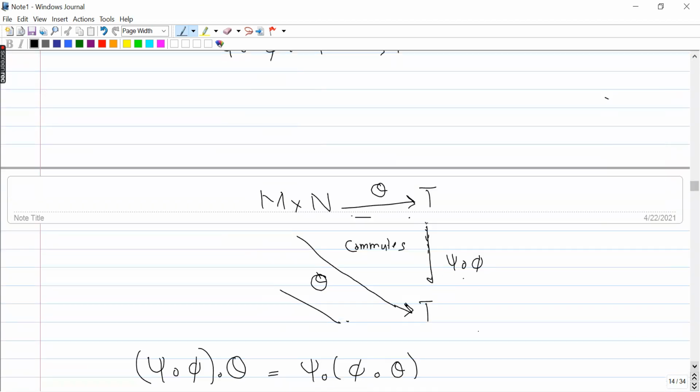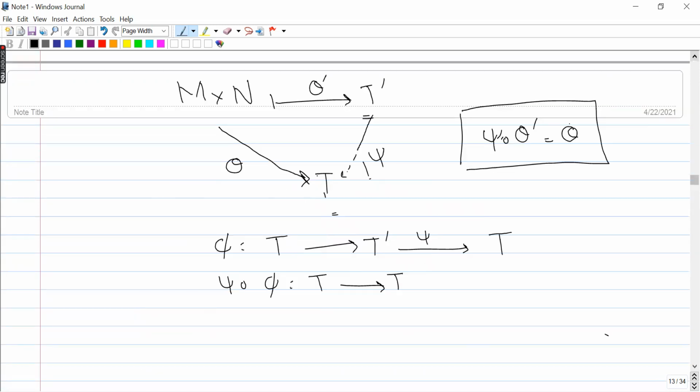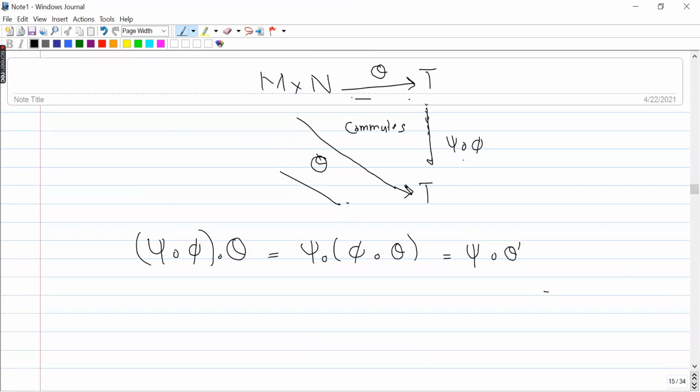It is equal to theta bar, from the first condition. And from the second condition, psi composition theta bar is equal to theta. So actually we proved that we first applied this map and then applied this map, and again we got this map.